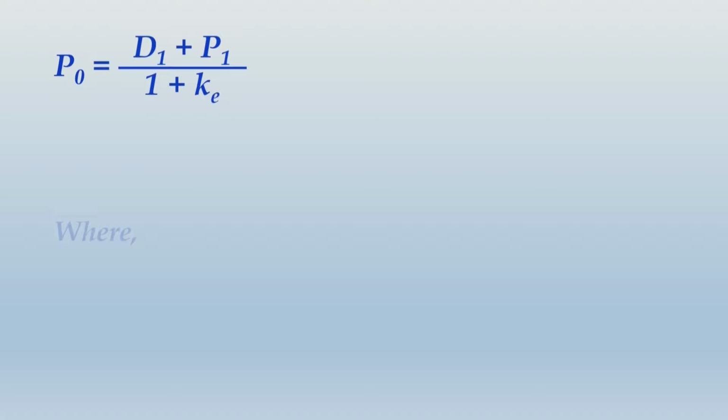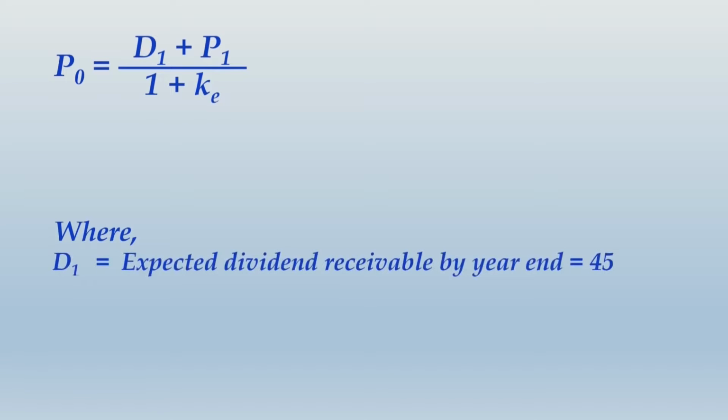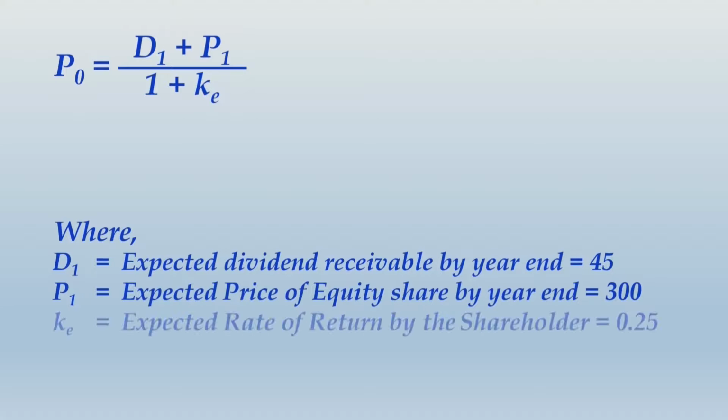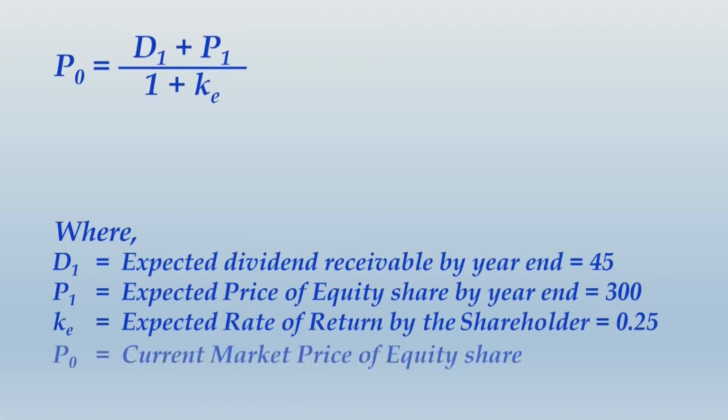But when you are using a formula, don't forget to define these variables. D1 is the expected dividend receivable by year end, that is rupees 45. P1 is the expected price of the equity share by year end, that is rupees 300. KE is the expected rate of return by the shareholder, that is 0.25, and P0 is the current market price of the equity share.